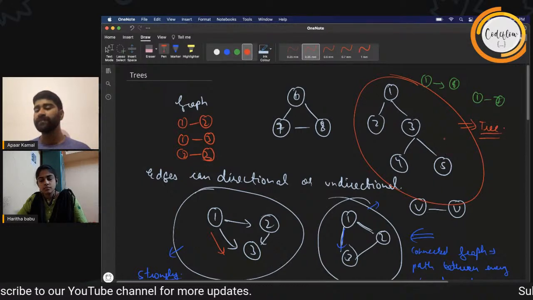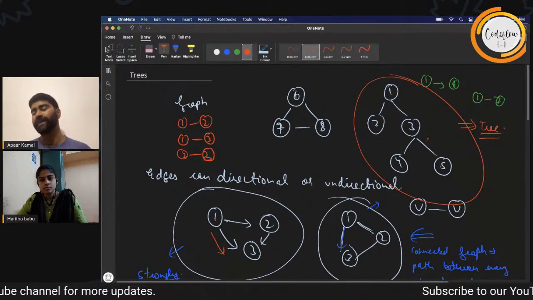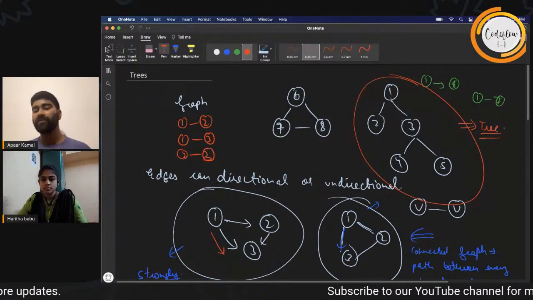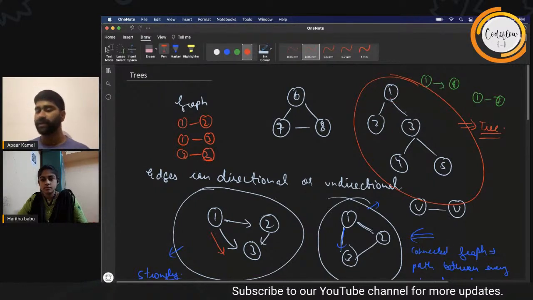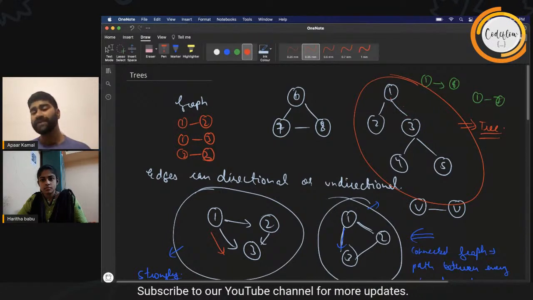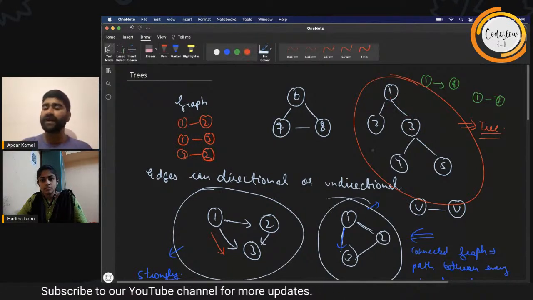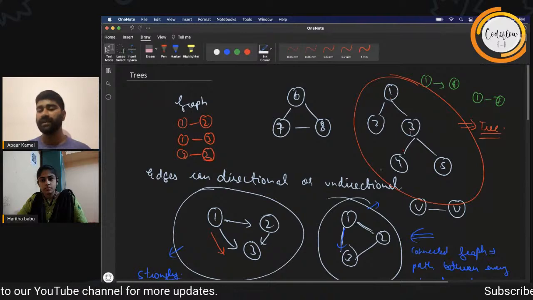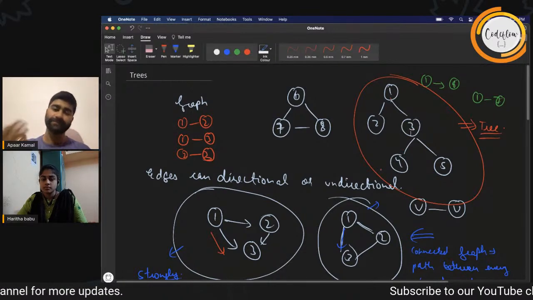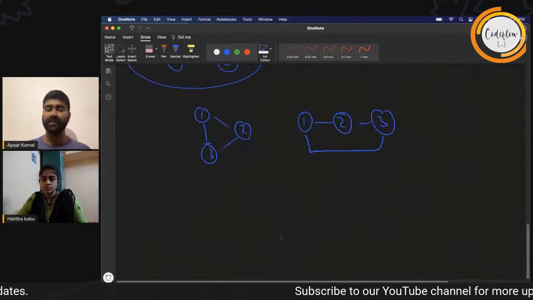How can we easily see that? Because it is connected and it has no cycles, right? If I go from 1 to 3, I cannot come back to 1, right? I cannot come back to the same vertex again. There's no cycle in this graph, so it's a tree, right? Because it is connected and there are no cycles.